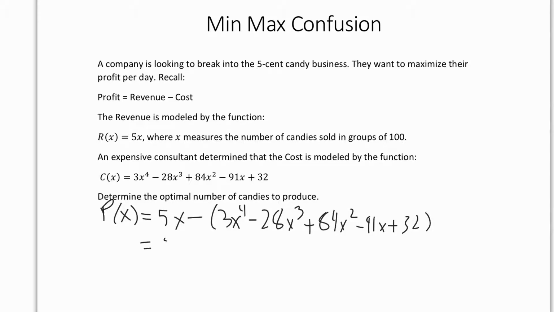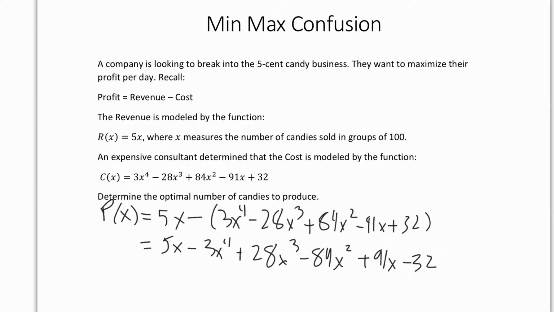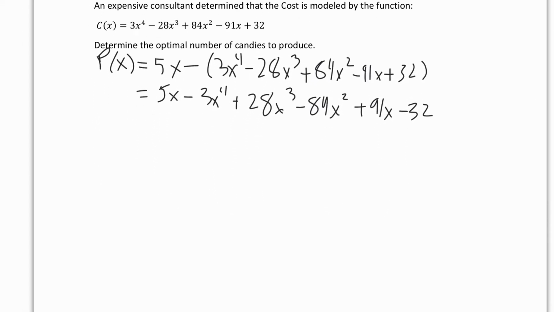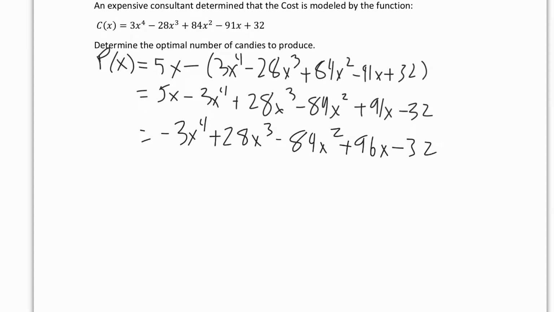So we'll distribute the negative first: 5x minus 3x to the 4 plus 28x cubed minus 84x squared plus 91x minus 32. The 91x and the 5x can be grouped together, and we'll put everything in order from highest to lowest. So negative 3x to the 4 plus 28x cubed minus 84x squared plus 96x minus 32.